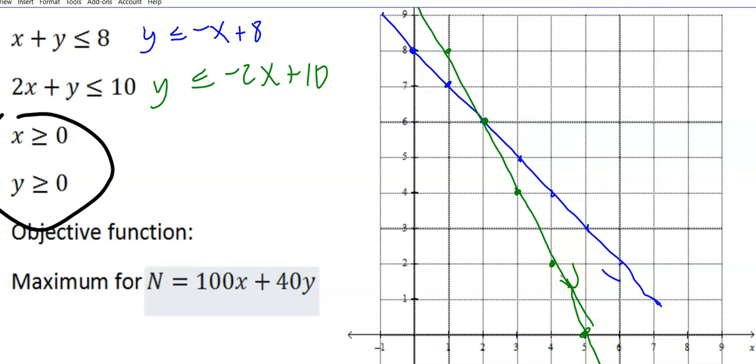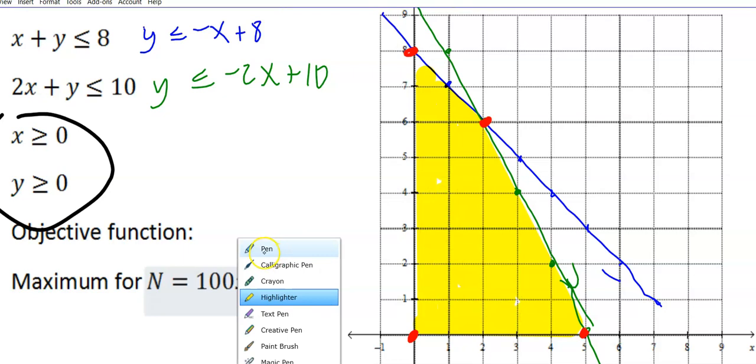Then we want to maximize that function, so we have to find the vertices of the endpoints. This is an endpoint, this is an endpoint, this is a vertex, this is a vertex. We're shading essentially inside of here, right? Everything there, all up to that. Kind of curves a little there. So that's our feasible region. We're only really concerned about the endpoints when we plug them into our objective function.